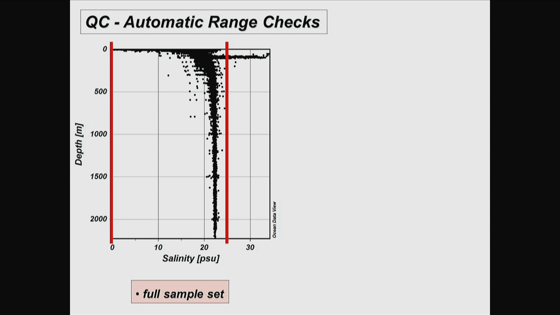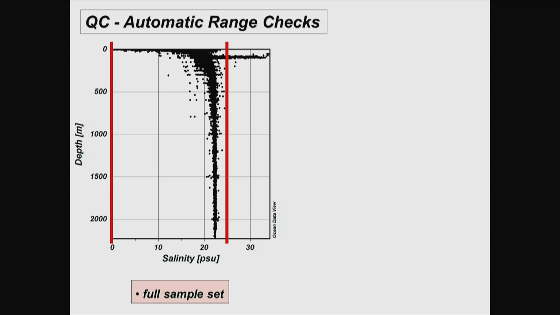In addition to this purely visible check, where you look at it and immediately say, oh my God, and then really clicking on those points and flagging them, there are what I call automatic range checks.